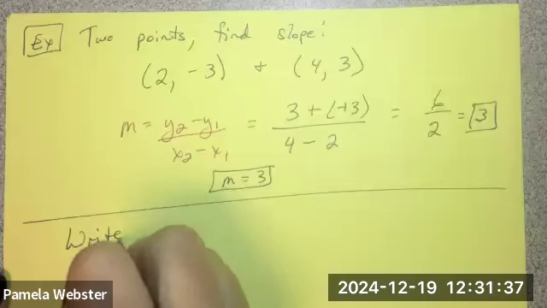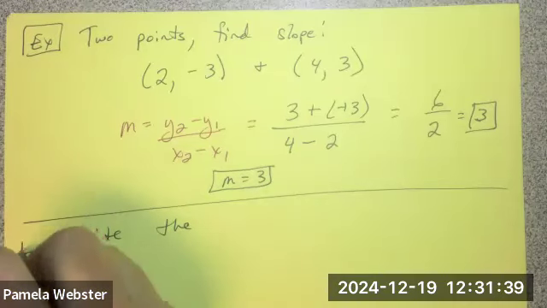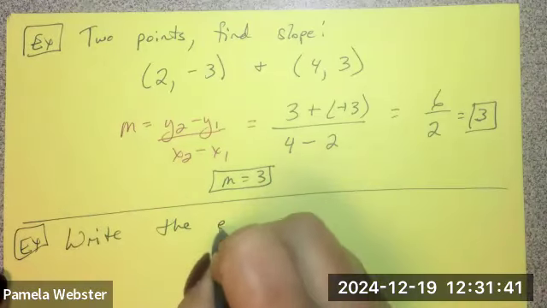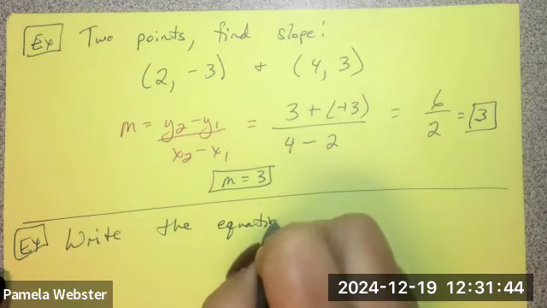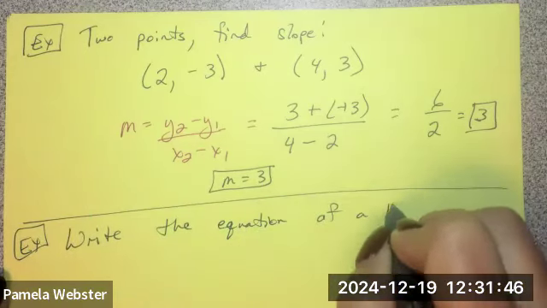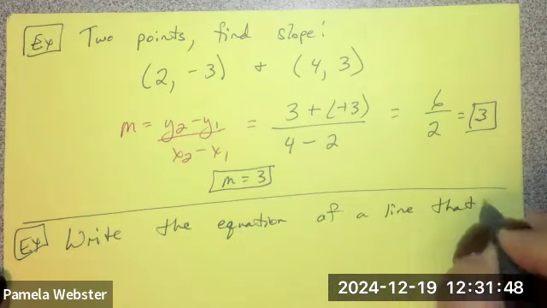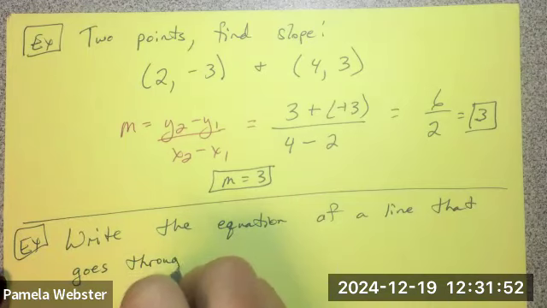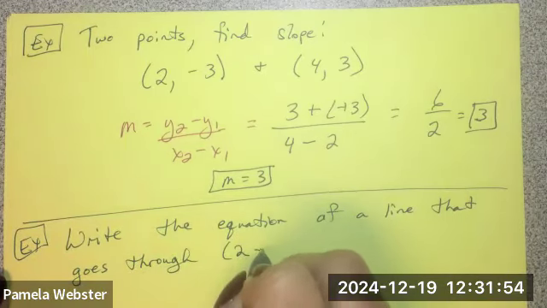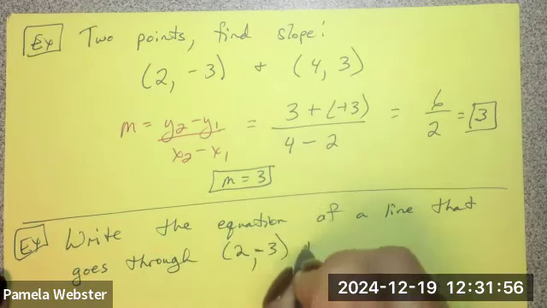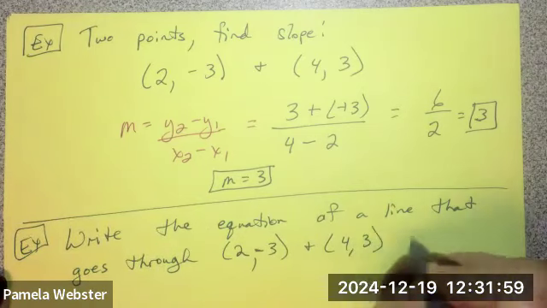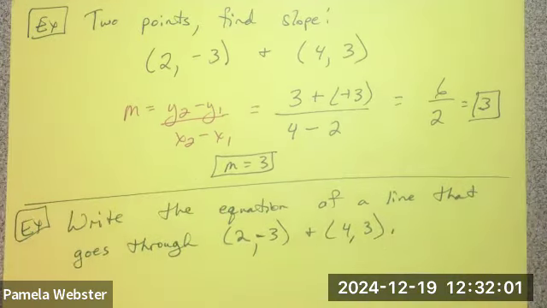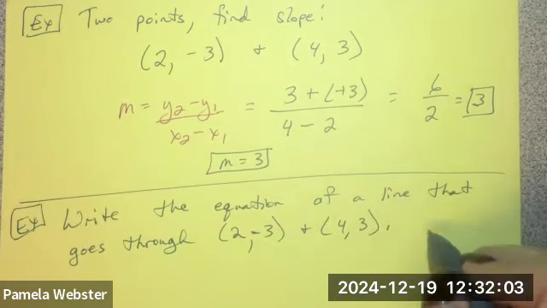Write the equation of a line that goes through these 2 points. Okay, that's what I want to do. And so I found m equals 3.